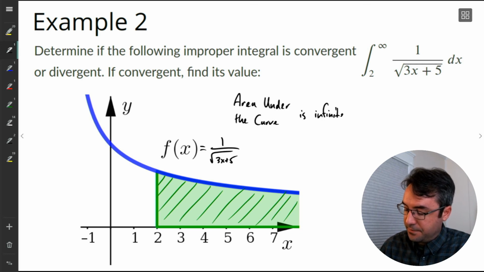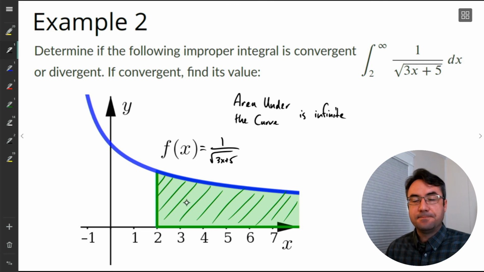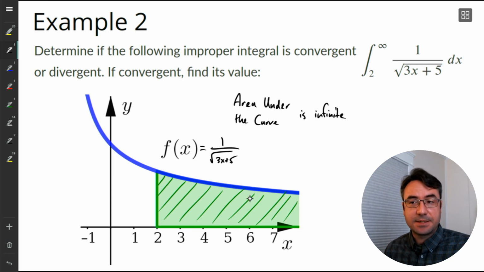So here we have a region that extends infinitely far to the right, but it also has an area that's infinite. And we know it's infinite because this function is above the x-axis, and we calculated the improper integral and saw that the value of that improper integral was infinity. So an interpretation of that is that this region has an infinite area.